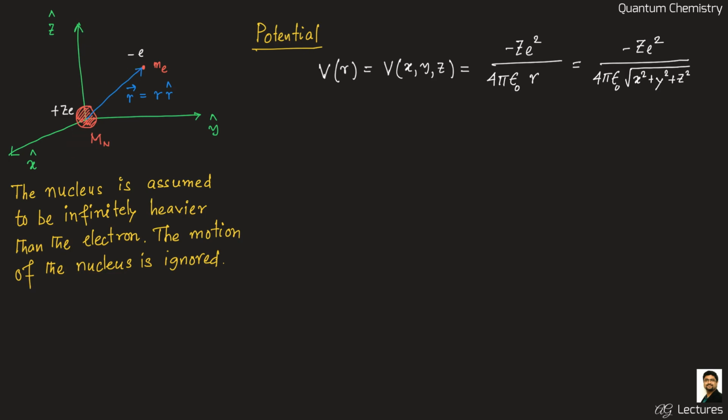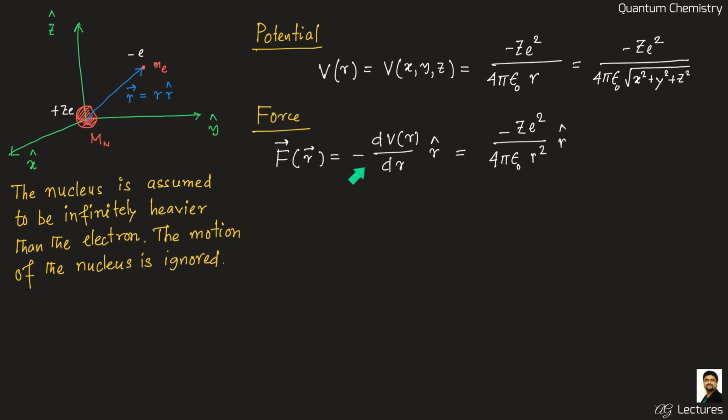This is going to be an attractive force, and the force is given by the negative differential of the potential. We have a negative sign over here, which will cancel with this negative sign, and then if we take the differential of V with respect to r, we get back this negative sign again, and this is going to be r square.